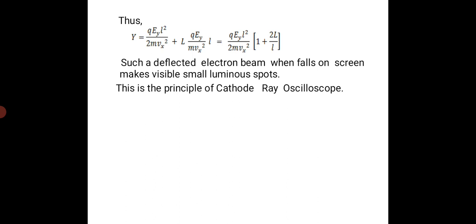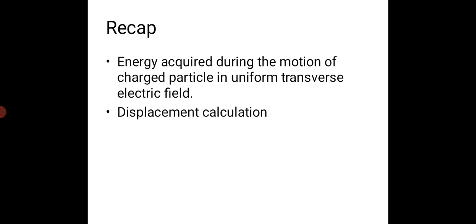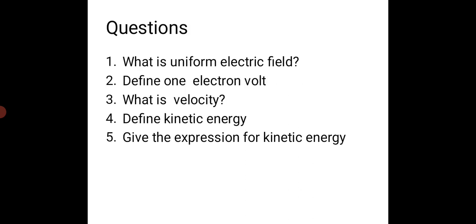So, by the end of this session, you are able to give the equation, that is energy acquired during the motion of the charged particle in uniform transverse electric field, and the calculation for the displacement. You are able to answer the questions like uniform electric field, 1 electron volt, velocity, kinetic energy, and give the expression for kinetic energy.